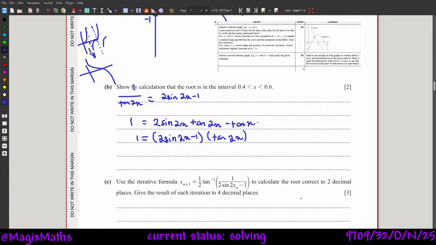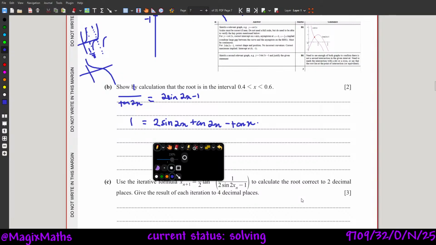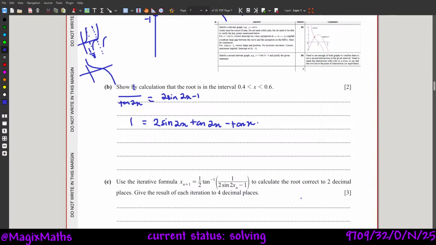Now, what can I do in this case? Oh, I forgot. So tangent is sine over cos. That's probably 1 over sine squared 2x. What else can we do?